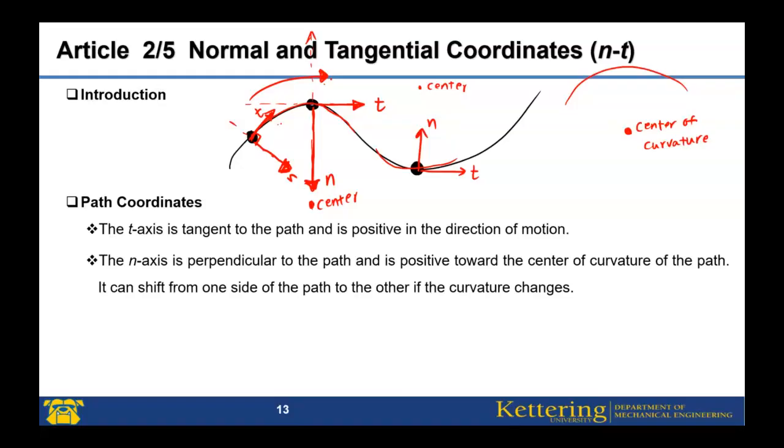If I ask you to compare the XY coordinate system with the normal and tangential coordinate system, how do you compare them? What are their differences?